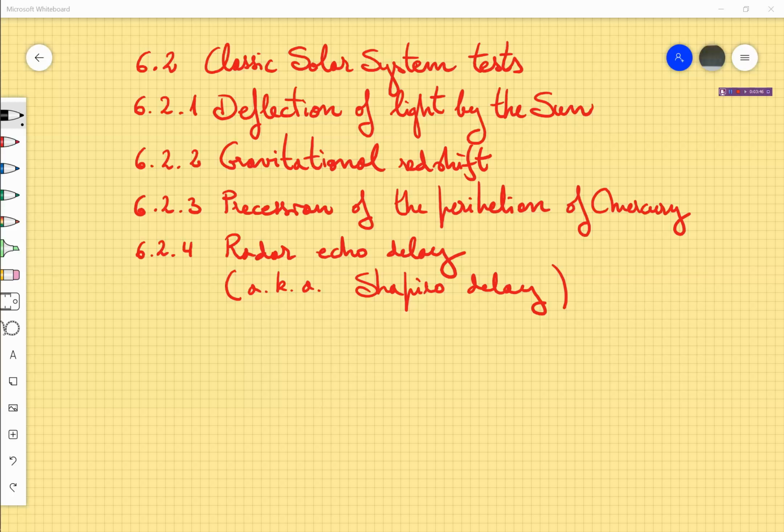So these two things have already been discussed. The only things that we have not discussed really are the deflection of light and the radar echo delay. If you look in the lecture notes, you will see that all these points are discussed and the computations are done. In fact, except for the gravitational redshift, because that was already done in lecture 2.